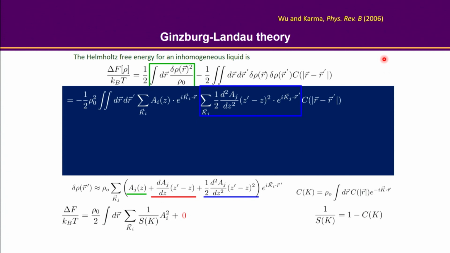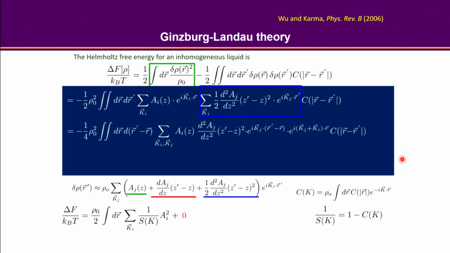So it doesn't really look like this c of k, because now I have this extra z prime minus z whole thing squared, but that doesn't seem to be a really difficult thing to resolve. What we can do is the same thing: change the integration variable the same way. The reason for doing that, of course, is that we are trying to make out the argument of these correlation functions.